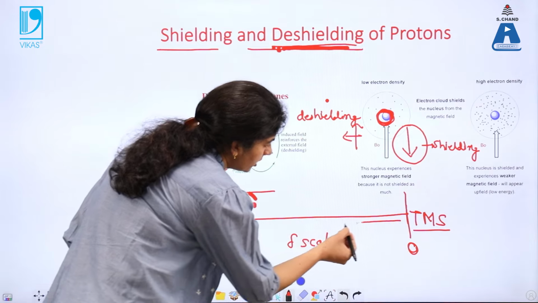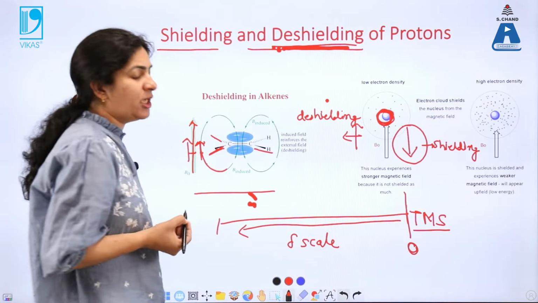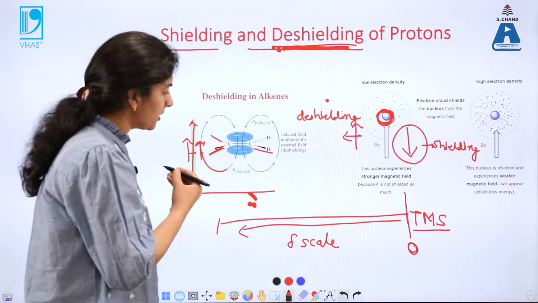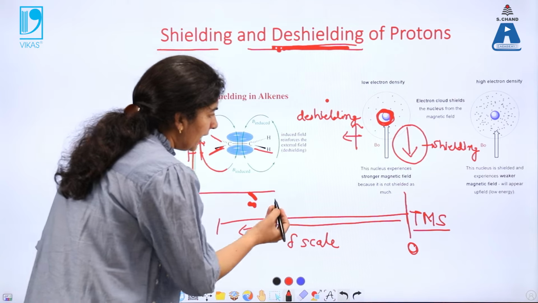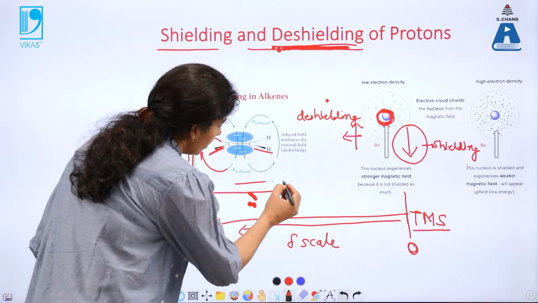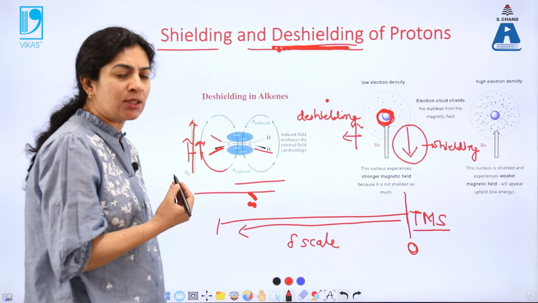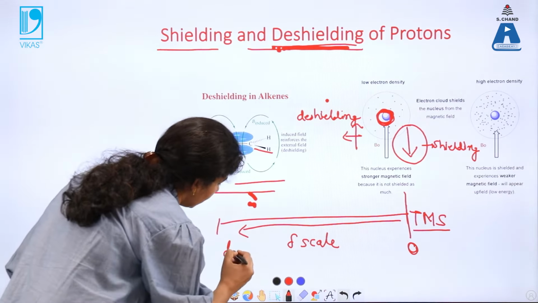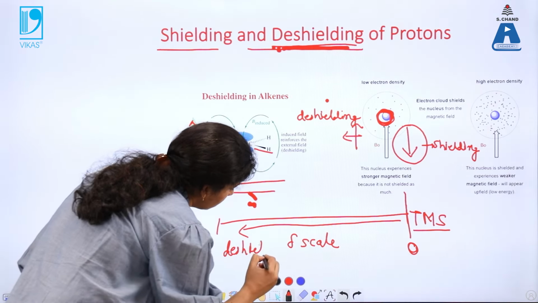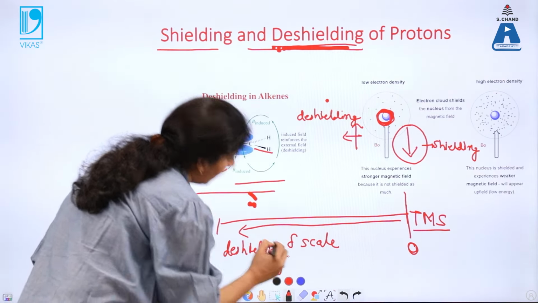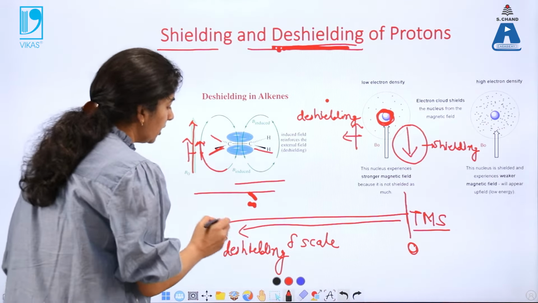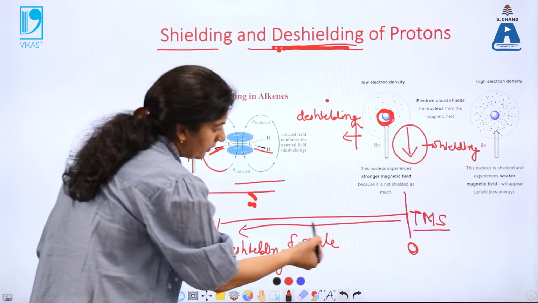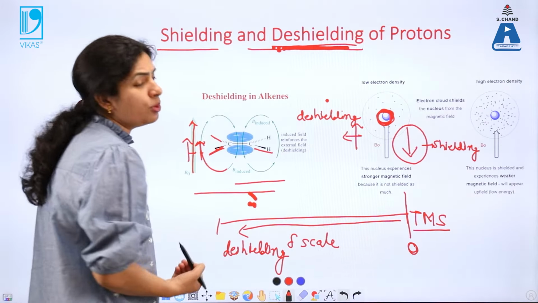All other molecules will show absorption to the left hand side of the signal of the TMS, right? So if in a molecule there are deshielding effects, then right to left is deshielding. So deshielding means this is known as downfield and higher delta value. The value of the delta is increasing from right to left.